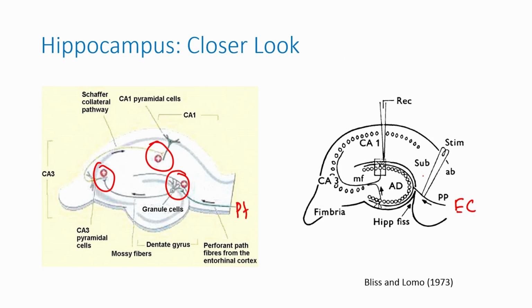stimulation pattern. So what they were trying to do was to look at the efficacy of these synapses, how efficient they are, how much is the throughput of these synapses in response to a stimulus.